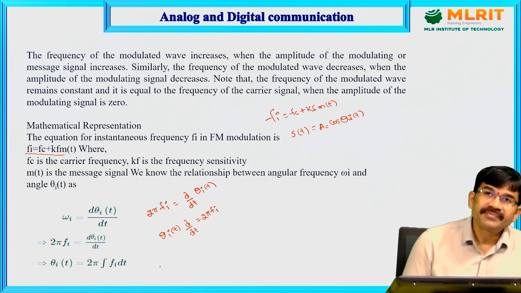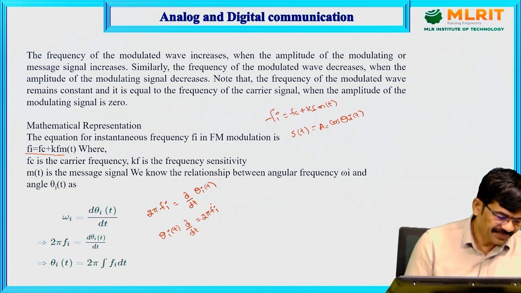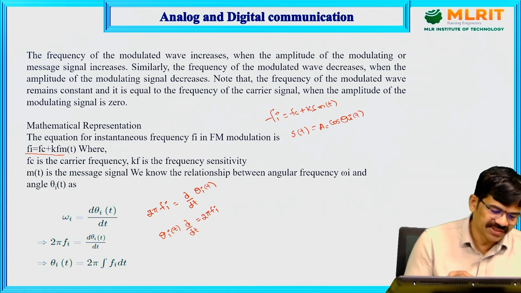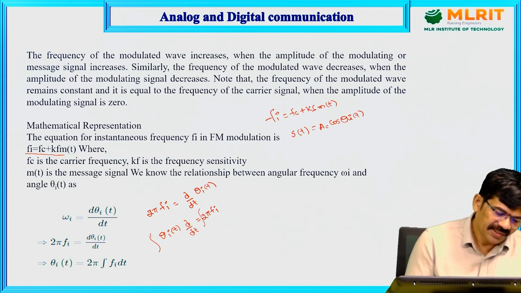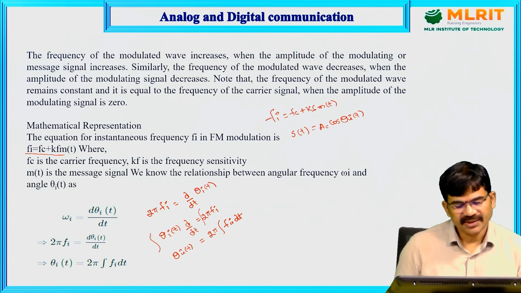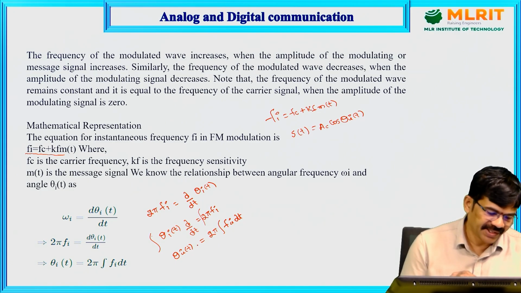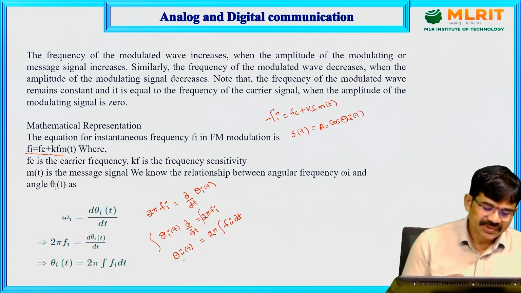So what I am doing is performing integration on both sides. The d by dt is cancelled, so theta i of t is 2 pi integral of fi dt.